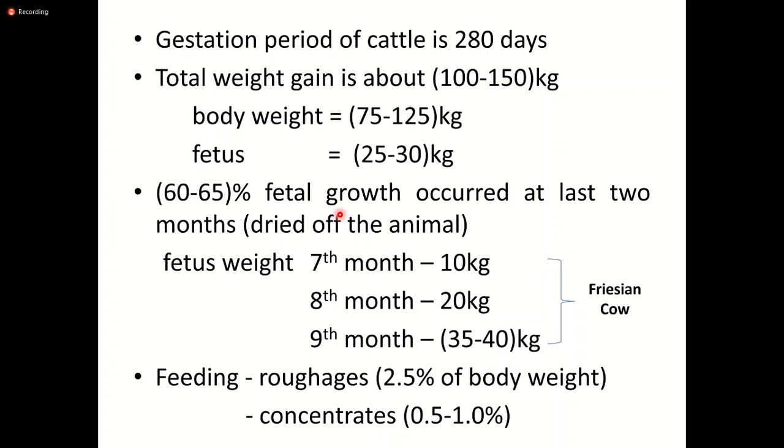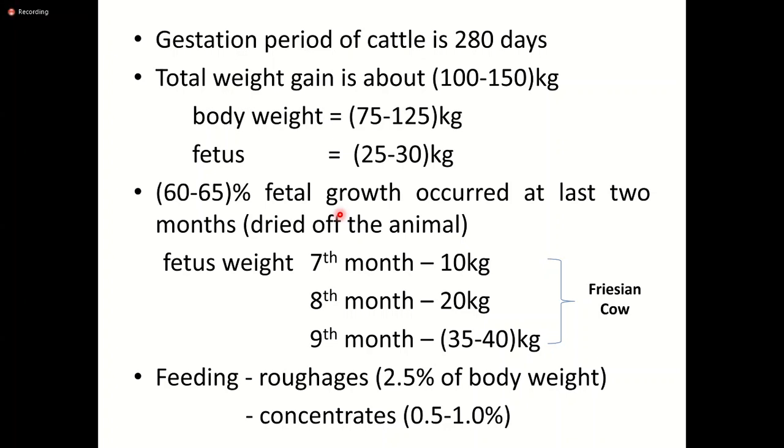So as humans, even like humans, if you divide them into trimesters, first trimester, second trimester, and third trimester, almost 2/3 of growth is happening during the last 3 months, right? Maybe until the 6 months, 7 months, the fetus growing inside the mom is about 10 kilograms maximum.